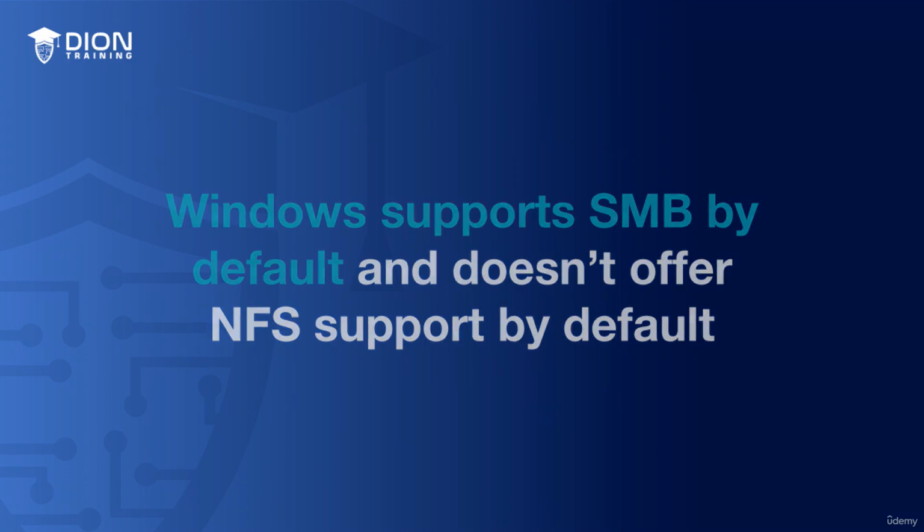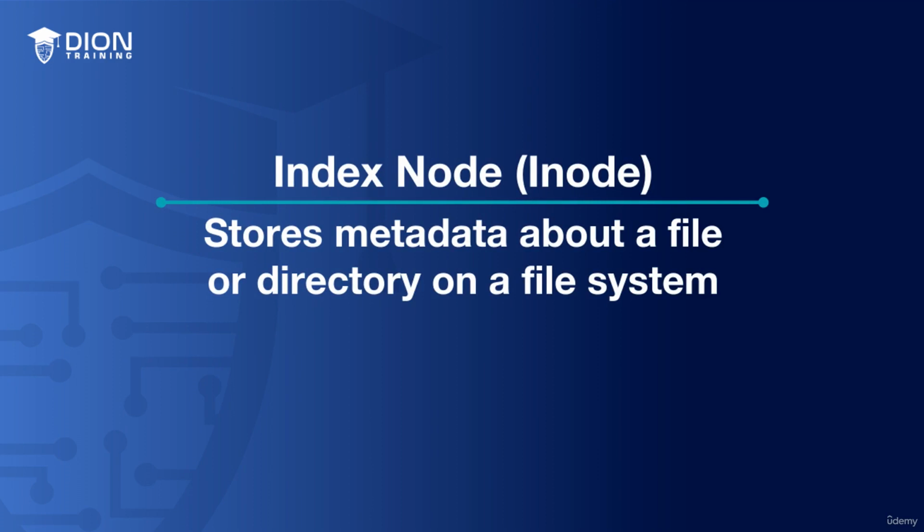Now, another thing we need to talk about is something known as an index node. This is also abbreviated as an inode. An index node is an object that stores metadata about a file or directory on a given file system. This metadata can include time-based values like when the file was created and last modified. It can have permission and ownership information. It can have the block locations of the file's data on a storage device and other pieces of miscellaneous information.